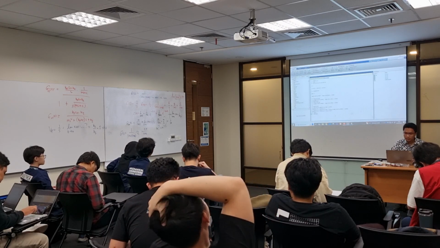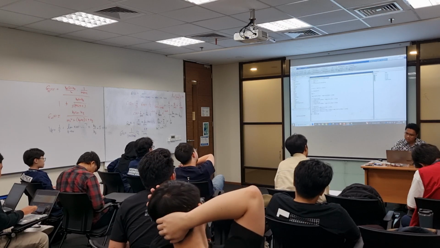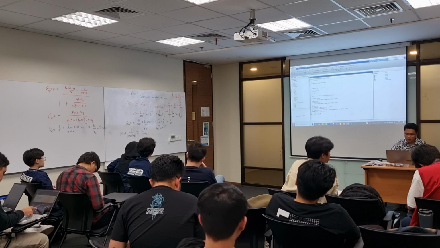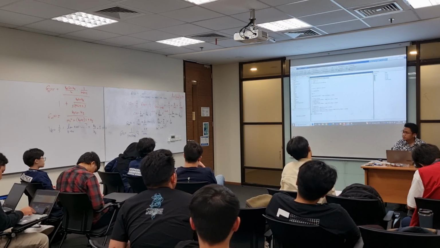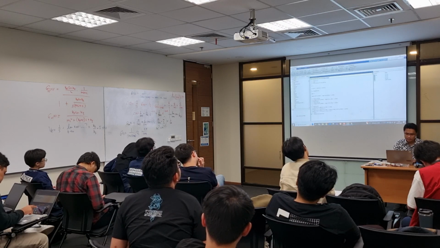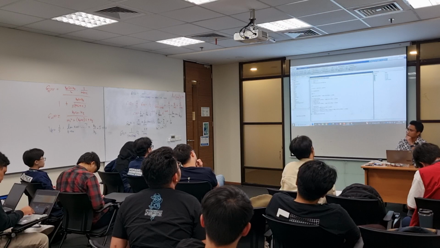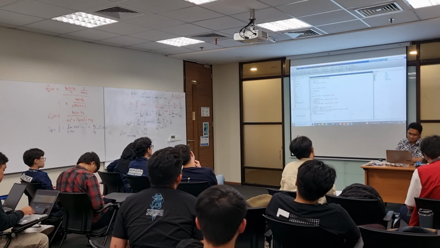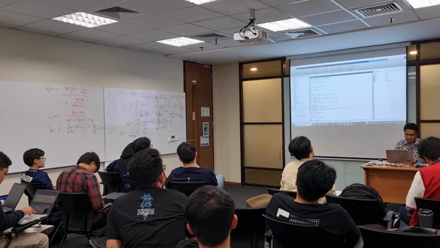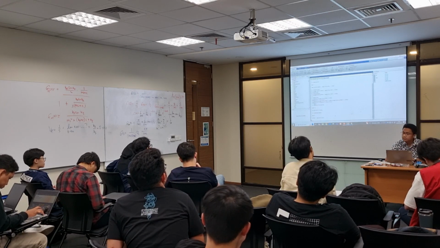Not 1. 0.001 over s square plus 2 times s. This one, right? That's the new C. Okay, this one, and then I take the inverse Laplace of C new, so that's what I get.